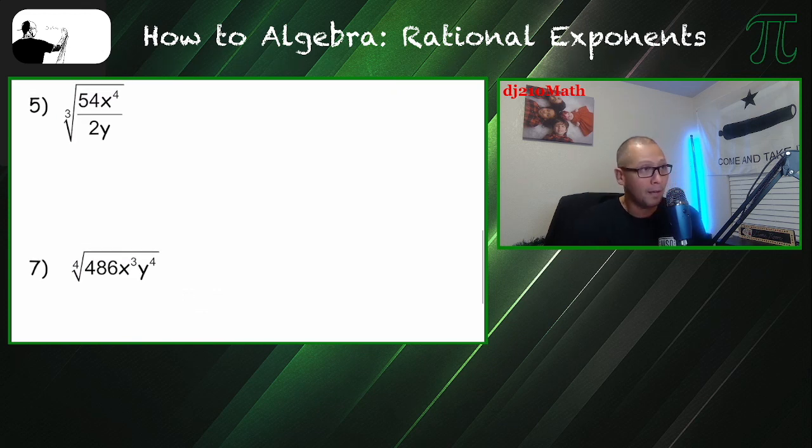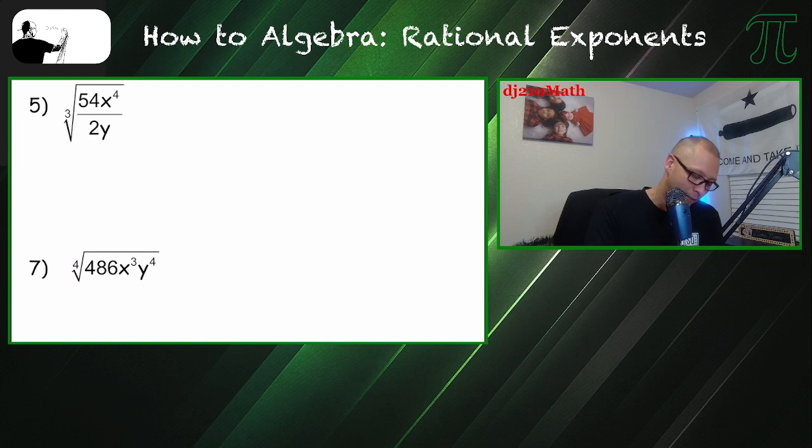All right. Cube root of 54 x to the 4th over 2y. So we can simplify this. 54 over 2 is going to be 27. So the cube root of 27 x to the 4th over y.